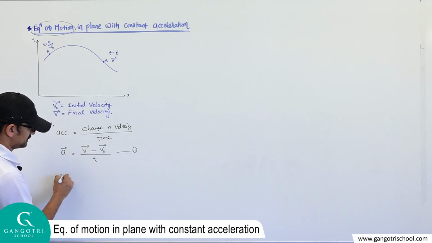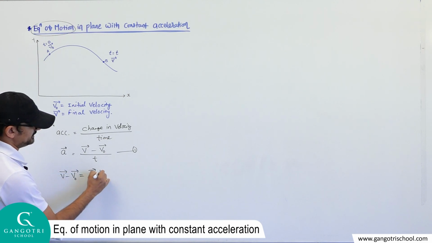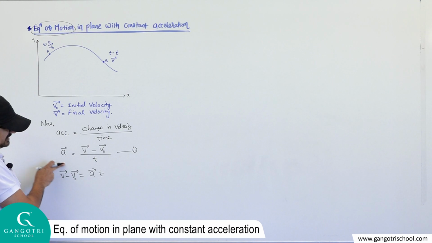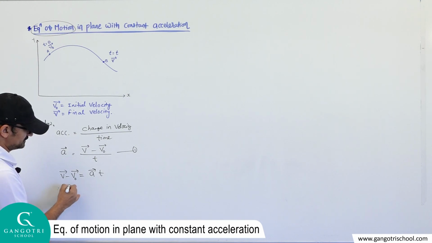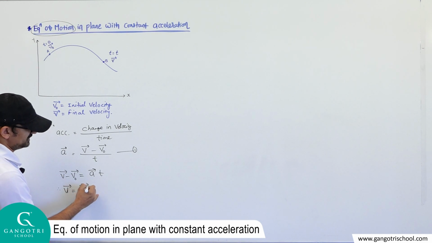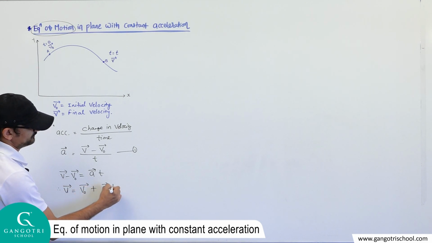We can write it this way also: v minus v0 is equal to at. I take this t to the left-hand side in multiplication with a. Now this equation can be written as v equals v0 plus at.